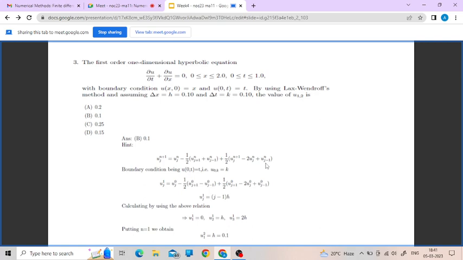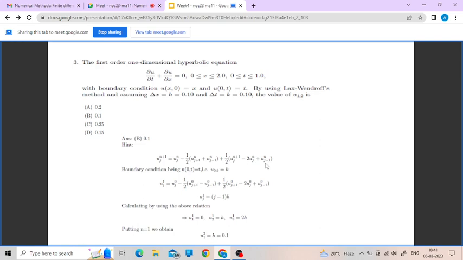So our fourth question is, suppose that the partial differential equation del u over del t minus del square u over del x square is equals to 0 is approximated at the point i comma j by the finite difference equation theta of u i comma j plus 1 minus u i comma j minus 1 upon 2 del t plus 1 minus theta of u i comma j minus u i comma j minus 1 upon del t minus 1 over del x square of into u i plus 1 comma j minus 2 u i comma j plus u i minus 1 comma j is equals to 0.